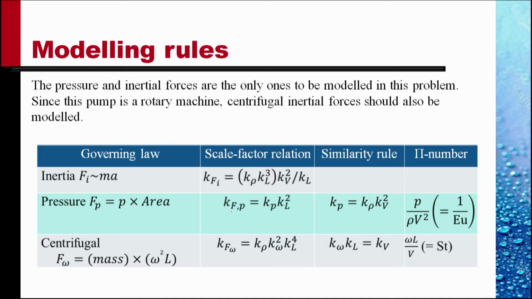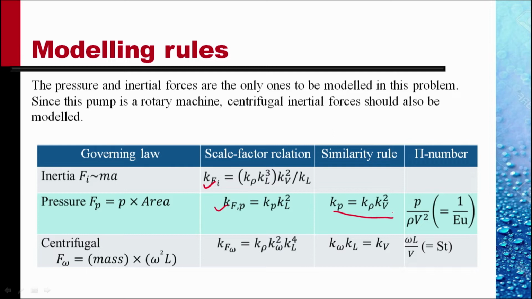So the scale factor of pressure force would be Kp, the scale factor of pressure, times that of area, which is KL square. Matching these two, that gives us Kp is equal to K rho times Kv square. From this, we get the pi number P divided by rho V square, which was shown to be 1 over Euler number in the last class.